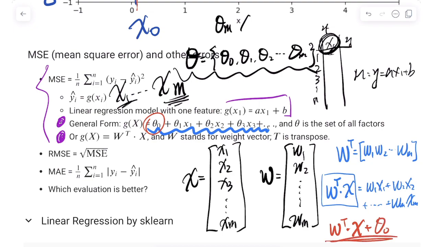Sometimes we write it in this way, or sometimes we write it in a strange way, where we put a 1 here and put w0 here. In this case, there is a w0 in this vector.